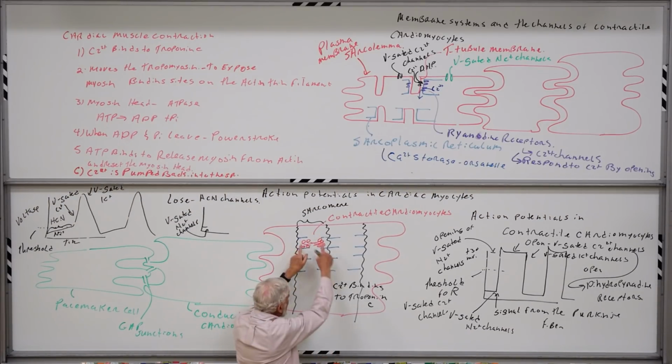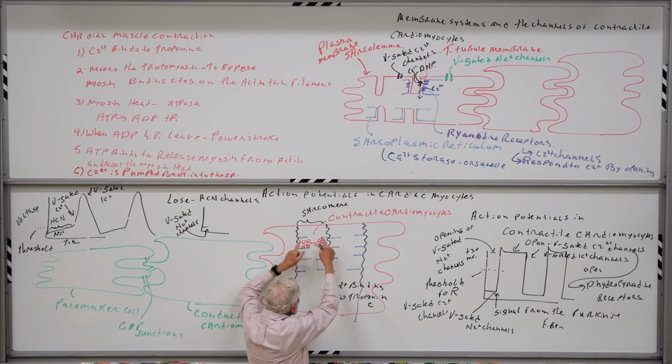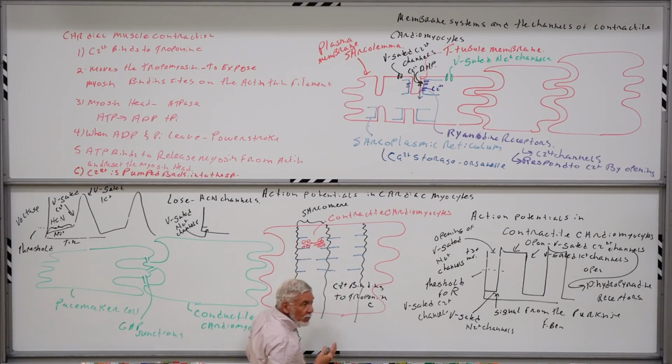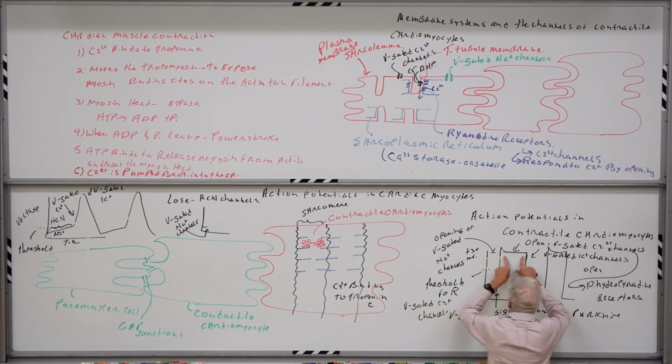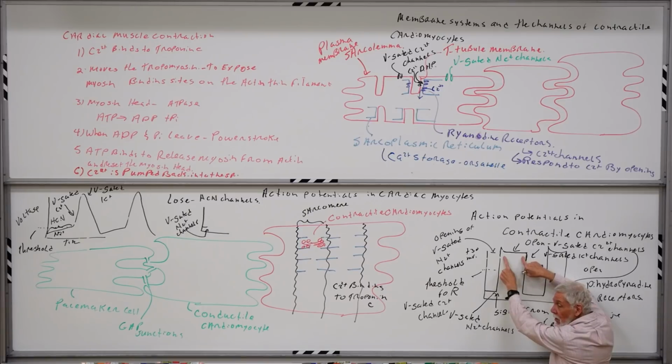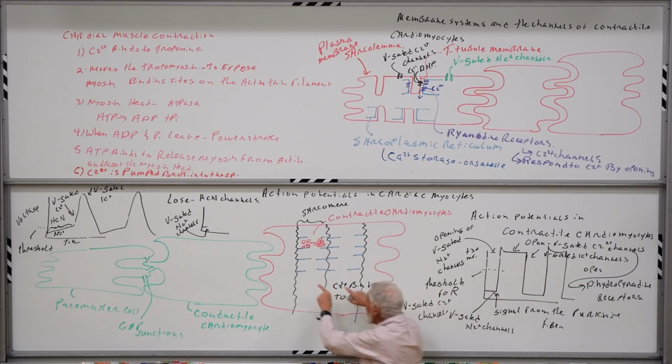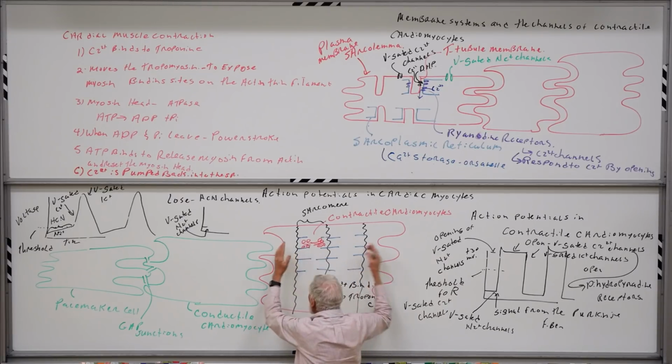The myosin reaches up, contacts the myosin binding sites of the actin, and these guys ratchet together to shorten the sarcomere. That continues as long as this plateau phase is on. Calcium's coming in and triggering the release of calcium from the internal storage compartments, from the SR. So as long as that's going on, calcium's coming out and binding to the troponin C and causing the muscle contraction.